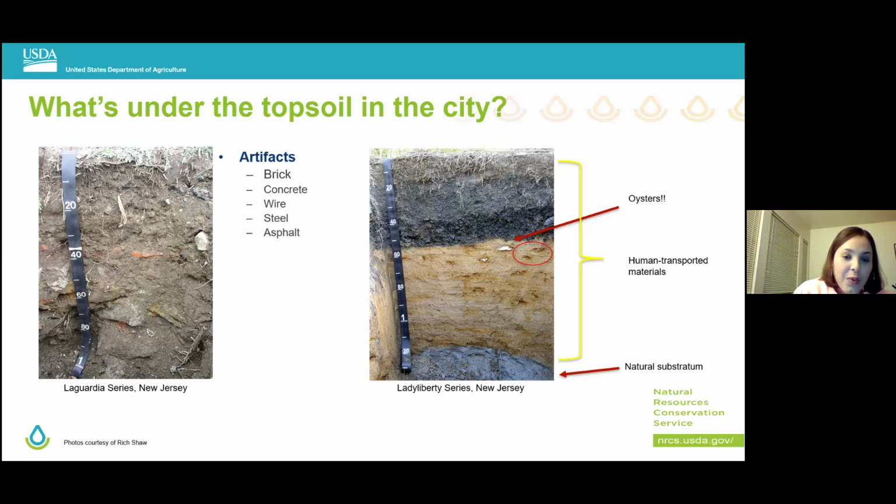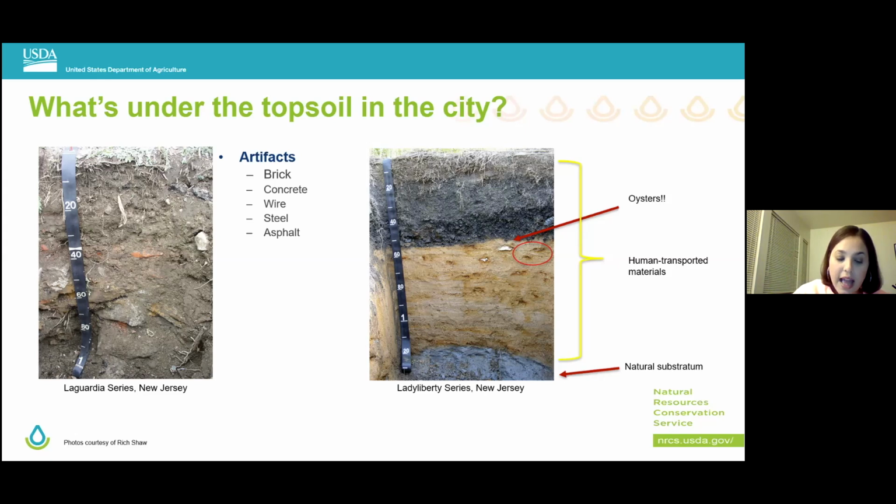The photo on the right is the Lady Liberty series in New Jersey. That one is different because in that one, you have human transported materials containing oysters. That one in particular, you have a transported topsoil. You can see the dark layer.